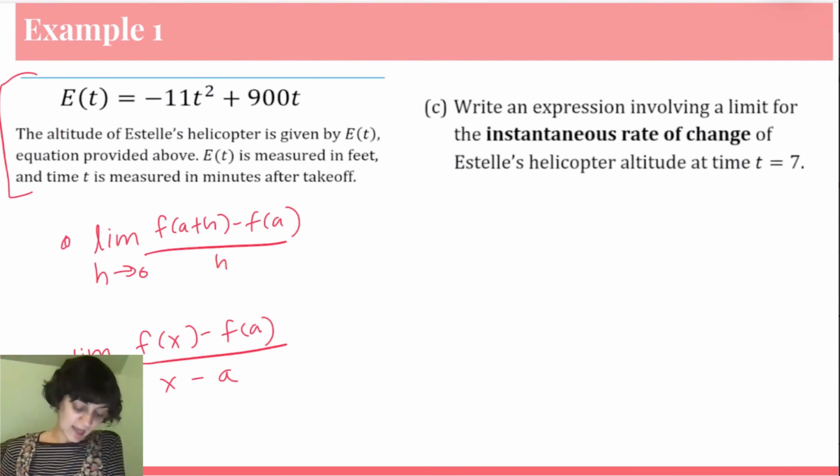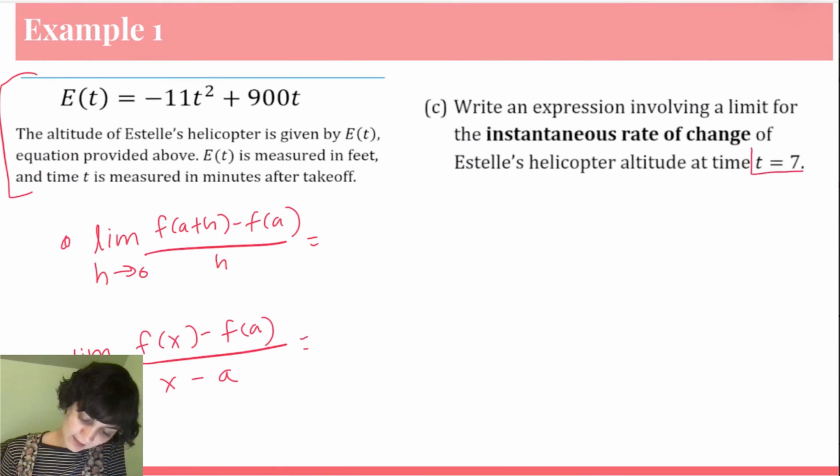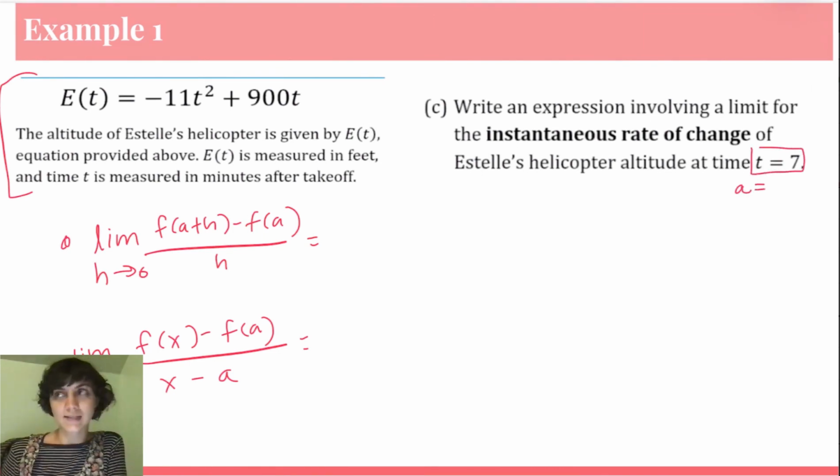So in this case, my a value is 7, because that's the time that I'm looking at. So what this is looking at is a equals 7. So that's the time at which I want to find my instantaneous rate of change. So that is what I'm going to plug into the equation.